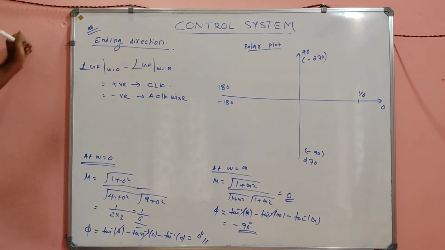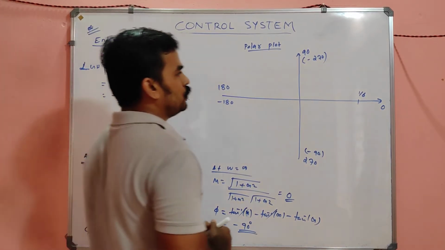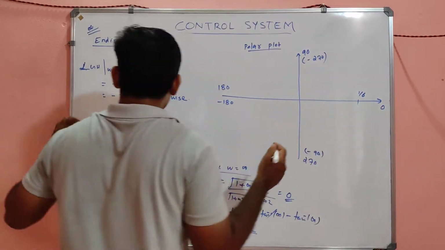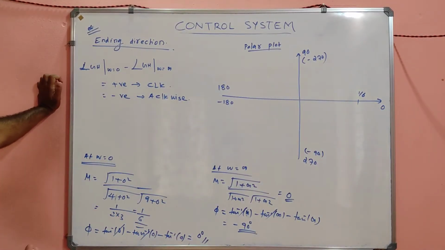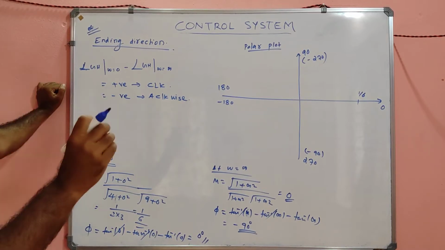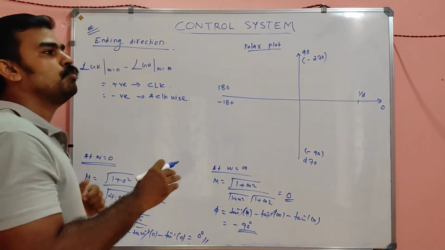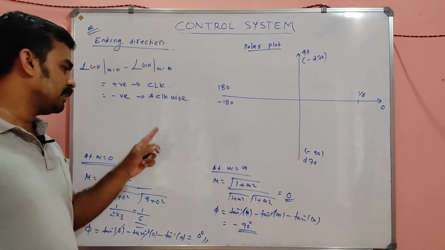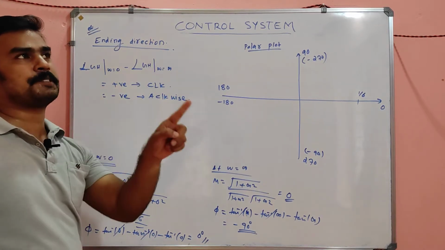Can we draw the polar plot, my dear? So what is my starting direction? The starting direction can be obtained by seeing whether the open loop pole is near the origin, or the open loop zero is near the origin. In the question it is given as s plus 1 divided by s plus 2 into s plus 3.